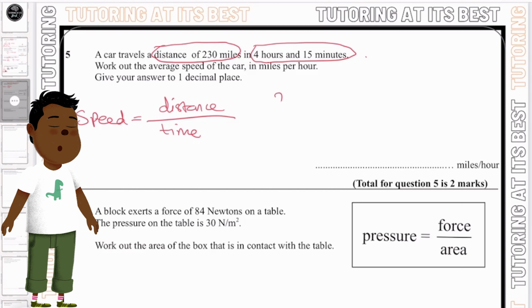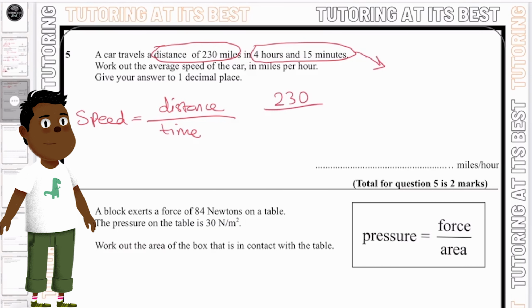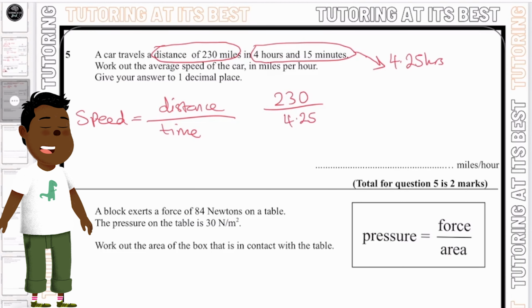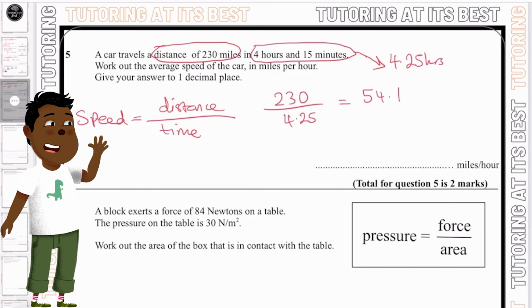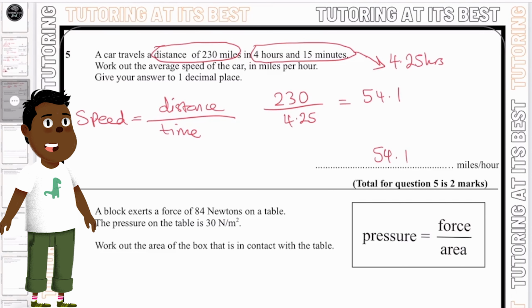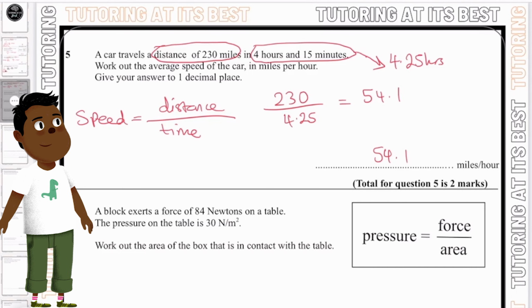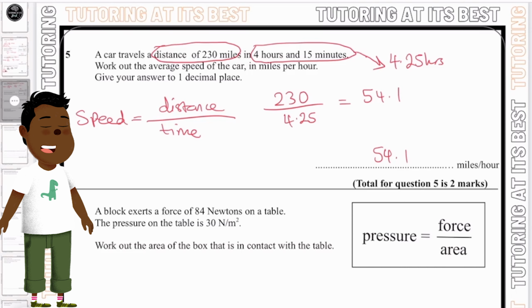But before I write out my time, I'm going to convert this to a decimal, which will be 4.25 hours. So we'll have 4.25. And if we put that into a calculator, that will give us 54.1. And that is our answer. So we now know that this car is traveling 54.1 miles per hour. And all I've done is simply divide my distance by my time.